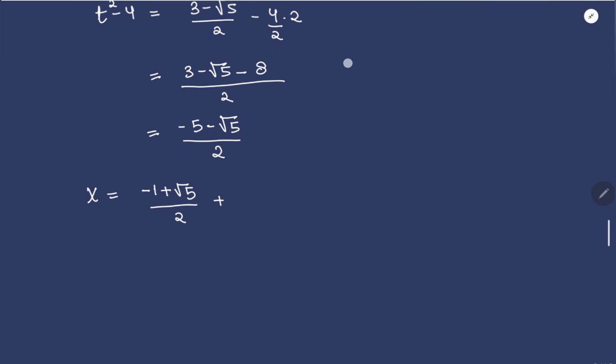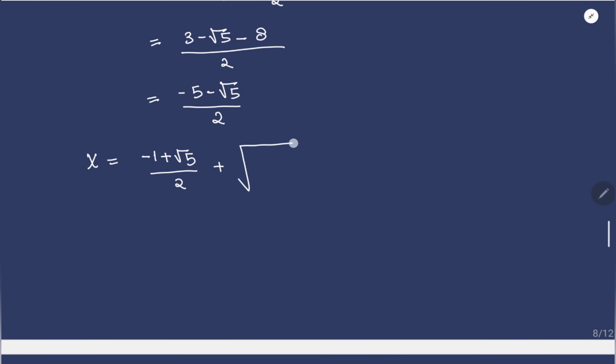And what is t square minus 4? It is (-5 - √5)/2, right? And whole upon 2, right?